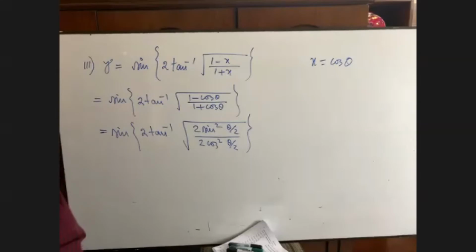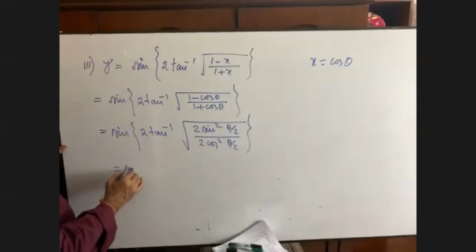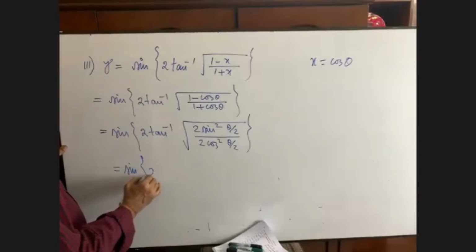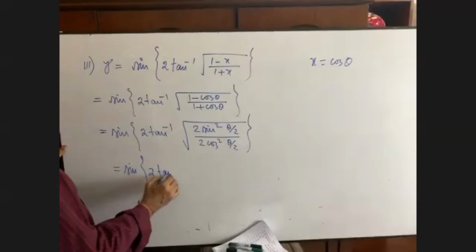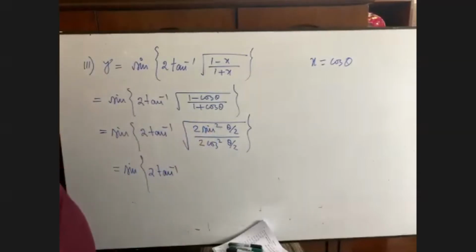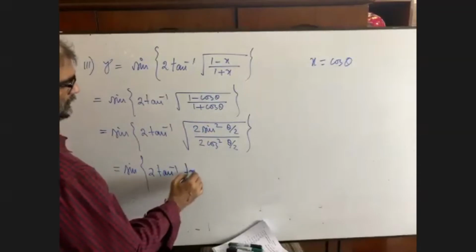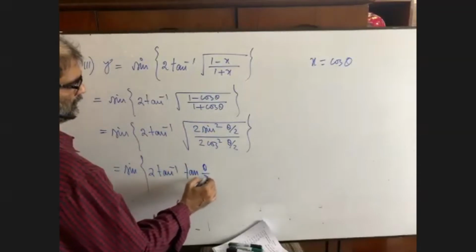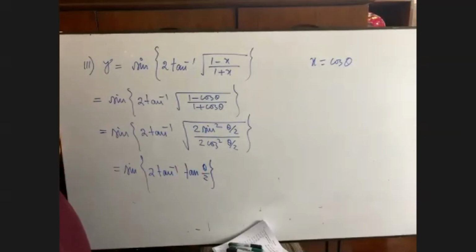Okay. Sine 2 tan inverse, let me know. 2 will be omitted. It is tan square theta by 2. That is tan theta by 2.